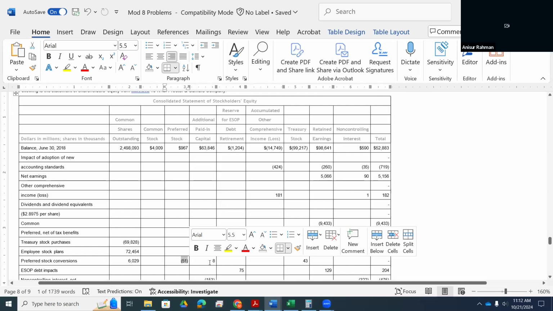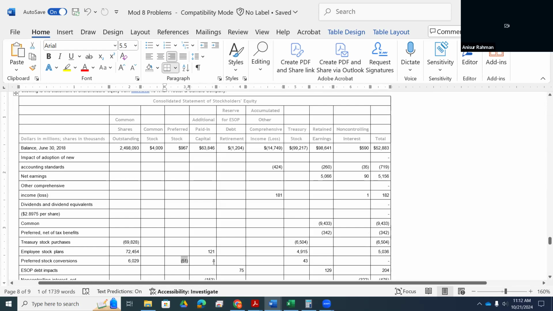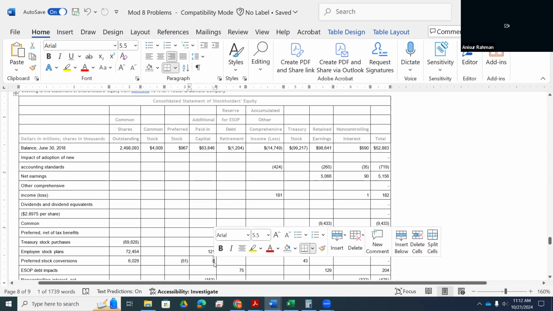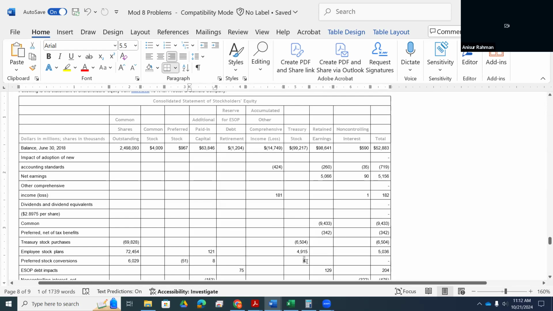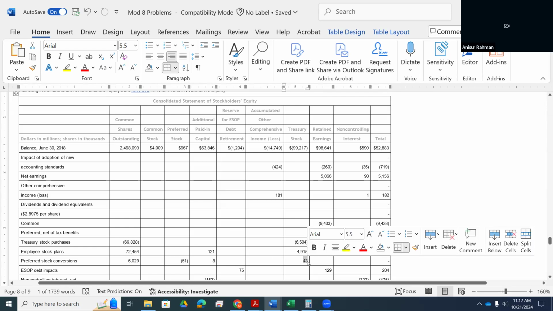And then our additional paid in capital, and then our treasury stock. Treasury stock is recorded when a company repurchases or buys back shares from its shareholders.